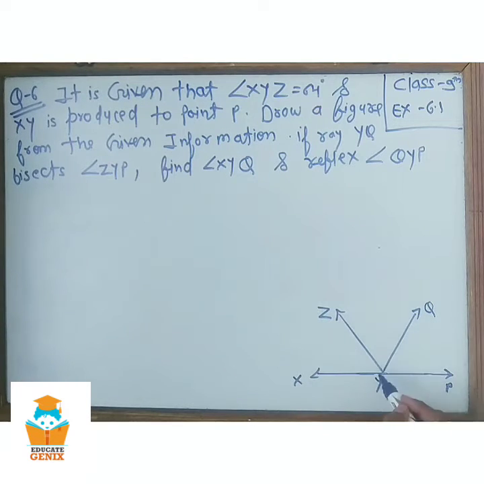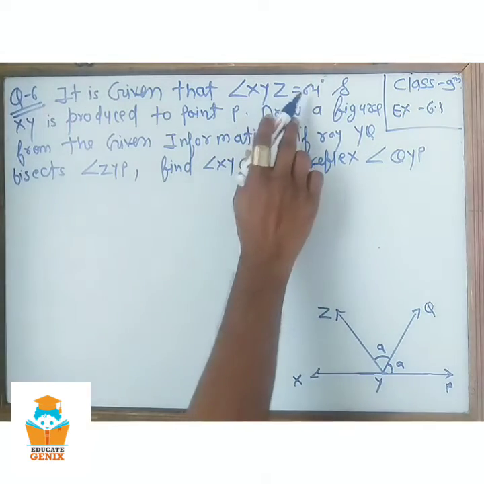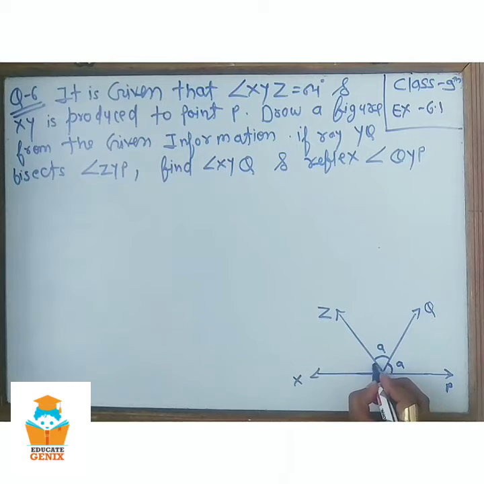If YQ is bisecting angle ZYP, then both angles are equal. Therefore, we are going to write both angles as A. Already given in the figure, angle XYZ equals 64 degrees, so we are also going to write this as 64 degrees. I hope this much you got.